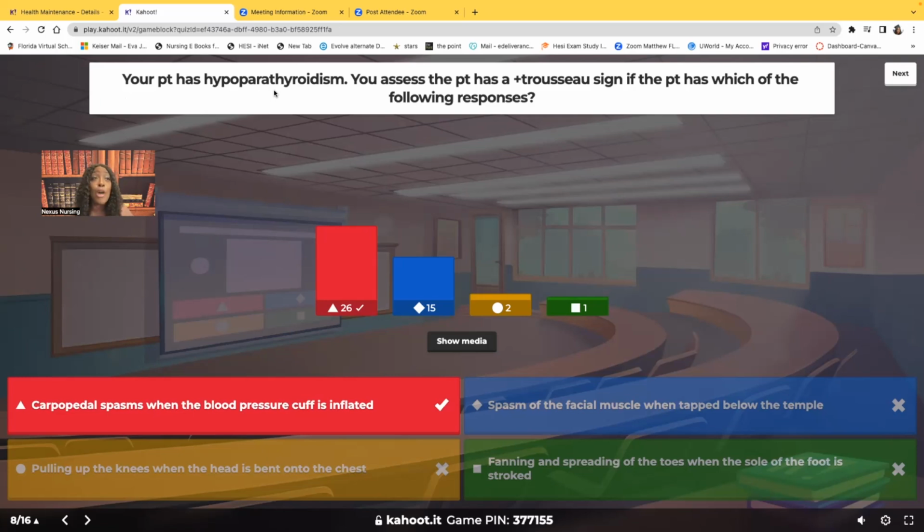So you better be thinking about all of those signs and symptoms of the patient that has hypercalcemia. If the patient has hypoparathyroidism, what we're really talking about is hypo or low calcium in the blood. Okay, so you're going to be thinking about all those signs and symptoms of hypocalcemia.